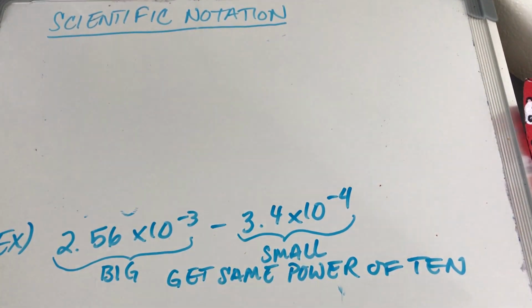Wouldn't you write out the full number out of scientific notation? That's one way to do it. There's multiple ways, but I'm starting off with this one, which is get them into the same power of 10.